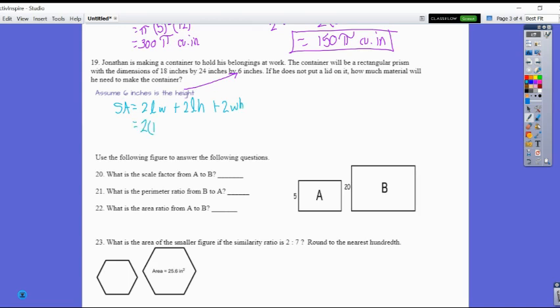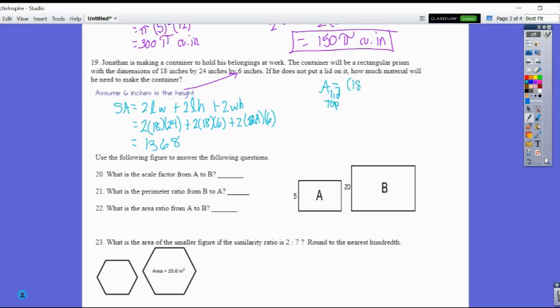So 2 times a length of 18 and a width of 24 plus 2 times a length of 18 and a height of 6 plus 2 times a width of 24 and a height of 6. Total surface area then is 1,368 square inches. But we're not putting a lid on it. So let's find out how much is the area of the lid. That's the area of the top of this rectangle.